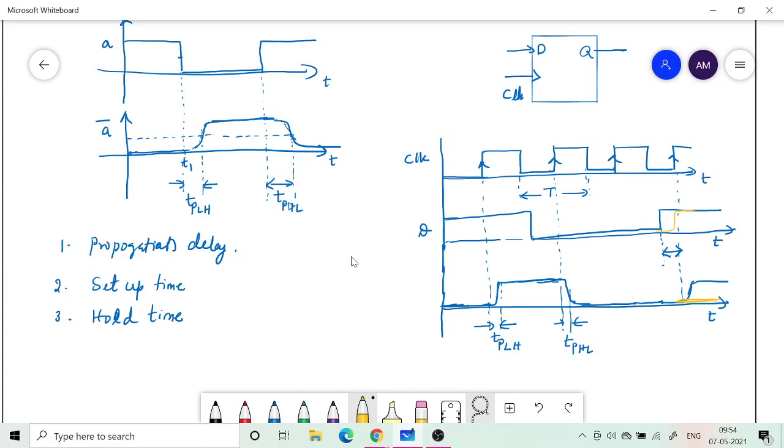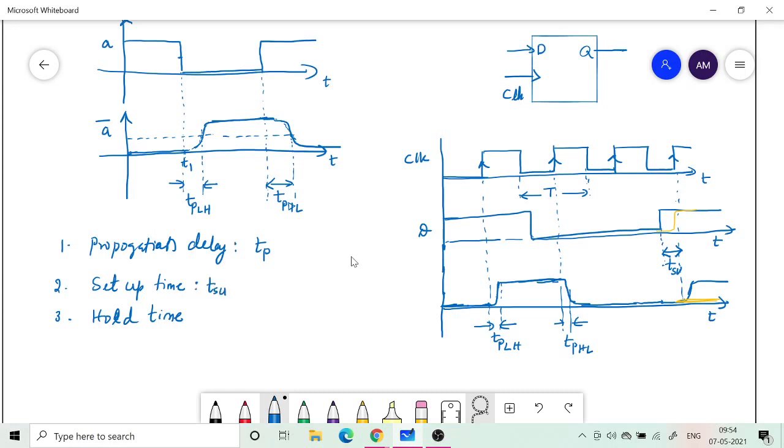Okay, so there is a time that we specify, and that minimum time is called setup time. So this is TP and this is TSU.